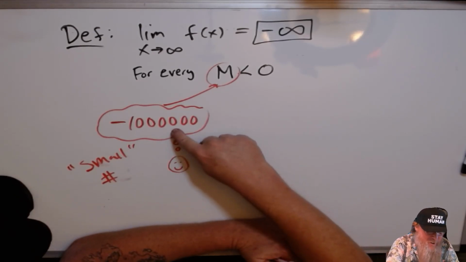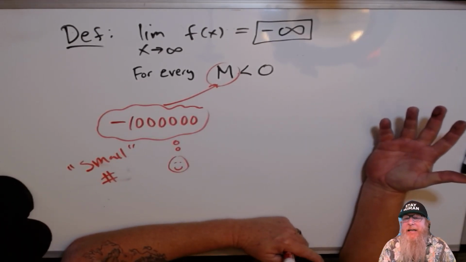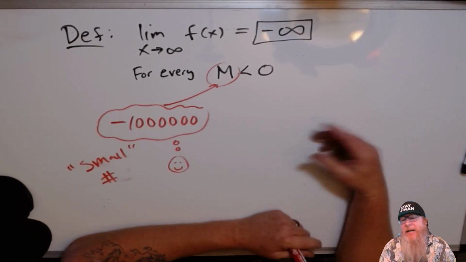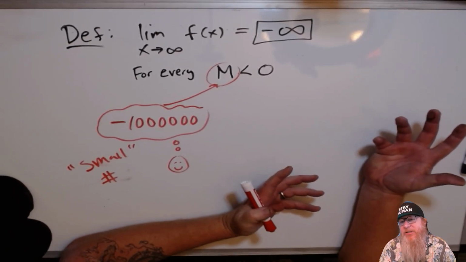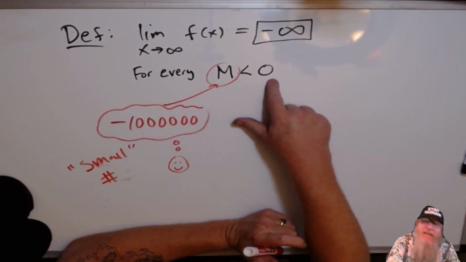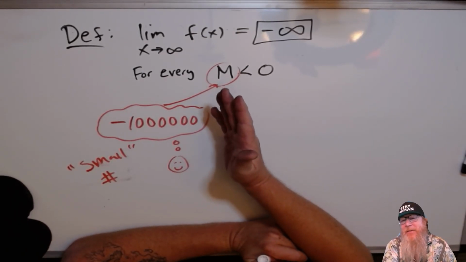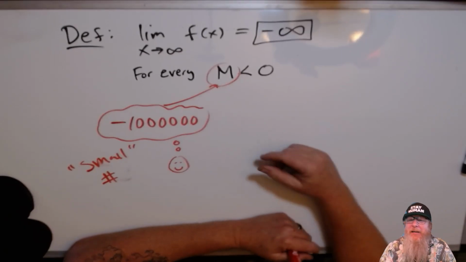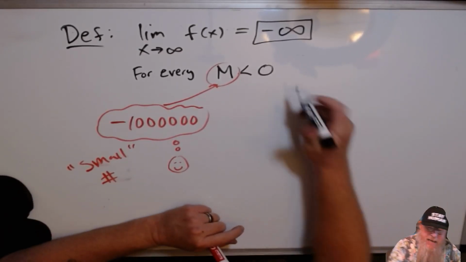And if you were told that you owed, which is essentially what the negative is, $1 million, you wouldn't really think of that as a small number, right? You'd think of it as a large negative number or a large debt. But mathematically, when we say m is less than 0, we mean that it's small. So negative $1 million is a small number. All right. And the rest of the definition is exactly the same.